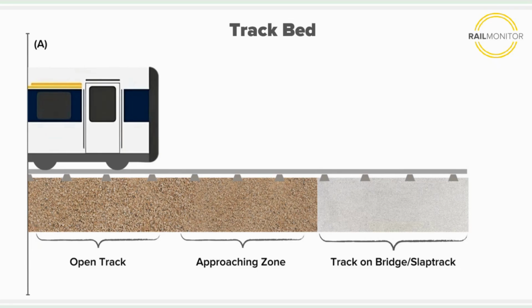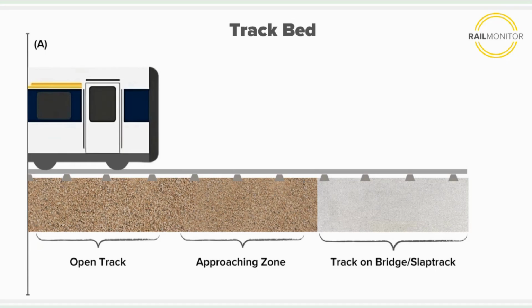The focus here is the approaching zone, which is the end of the ballast zone. In new tracks, these zones are carefully constructed to make the transition between the ballast and this concrete or bridge crossing as smooth as possible. However, many transition zones do not have this.